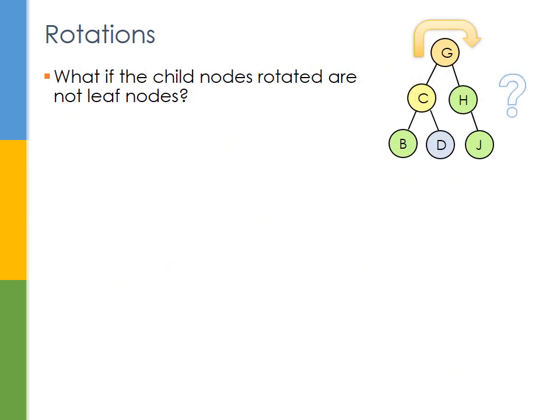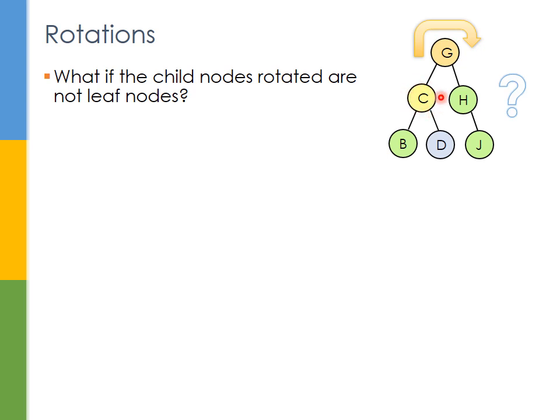So the previous slide covered relatively simple situations where we perform left and right rotations. However, what happens if the child nodes that are rotated are not leaf nodes? So let's look at this example over here, and we will assume that we are performing a right rotation of C about the parent G. So according to our previous definition, G then needs to become the right child of its left node.